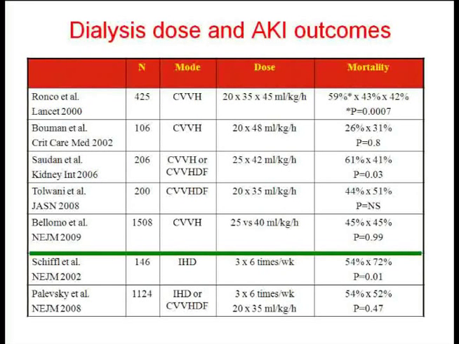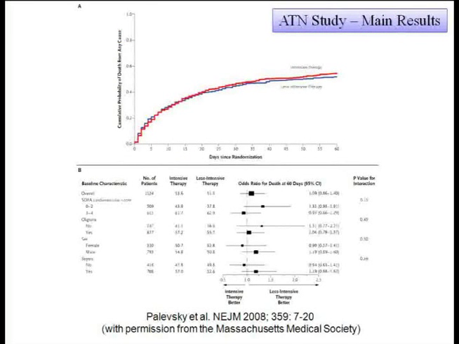So let's look at these 2 studies that I think are most important. The first one, for intermittent dialysis, there were patients both on continuous modalities and intermittent modalities. Patients who were on continuous had a low and high dose. Patients who were intermittent were either daily or 6 days a week. And then the data were lumped together.